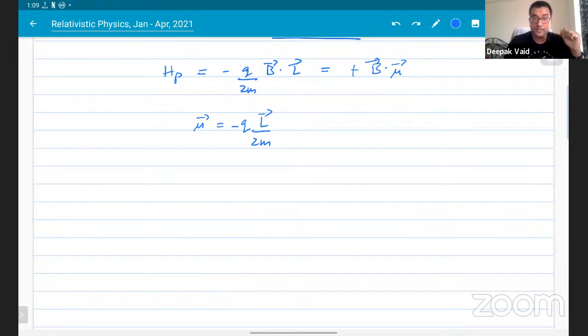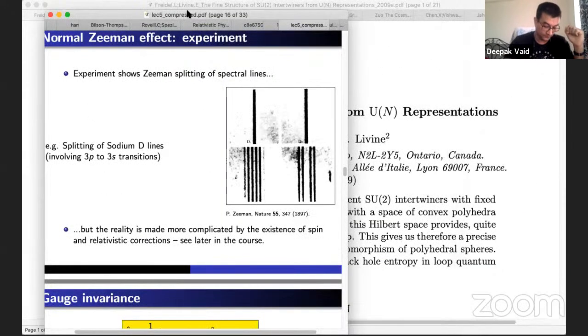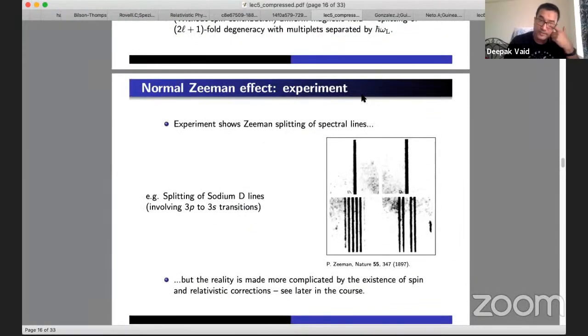So let me just show you this image of the Zeeman effect, right?